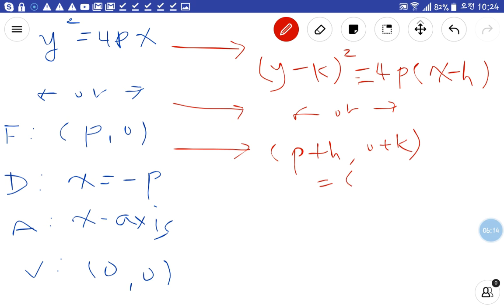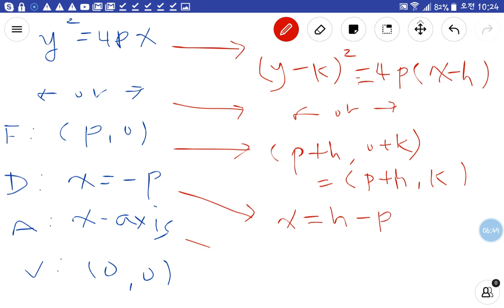That becomes p plus h, comma, k. Now, directrix. It was x equals negative p. If you move left or right, up or down, which one is going to affect it? Your horizontal movement is going to affect it. So your directrix is going to be x equals h minus p.